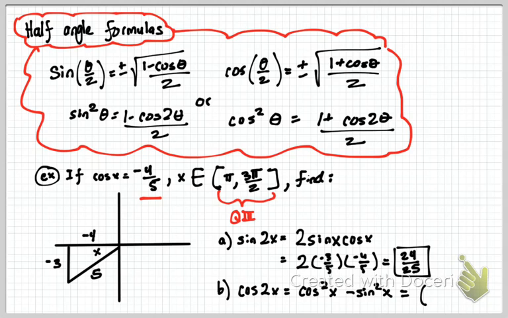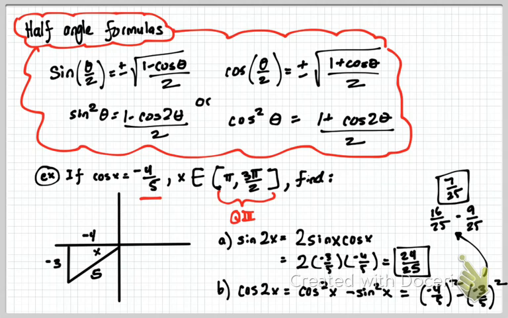That's the cool part about it. -4/5 squared minus -3/5 squared. We get 16/25 minus 9/25, which gets us 7/25. So that's the answer for cosine.